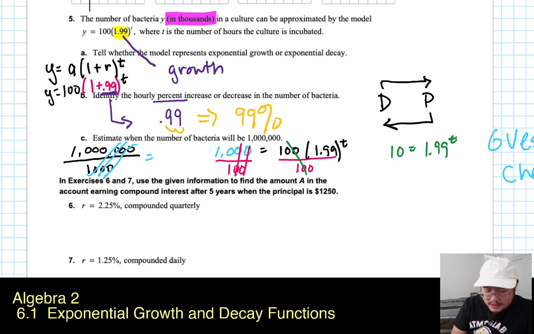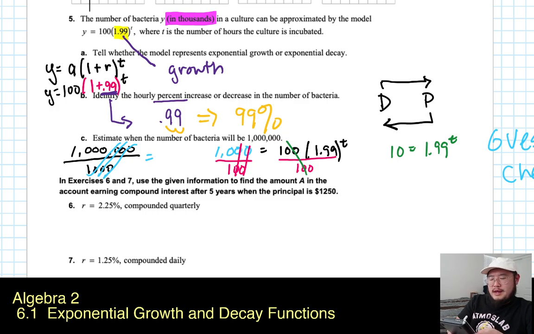How about 1.99 raised to the 3.5 power? And that's at about 11.11, a little too much. So how about 1.99 raised to the 3.2 power? I'm at 9.04. We're getting a little bit closer.